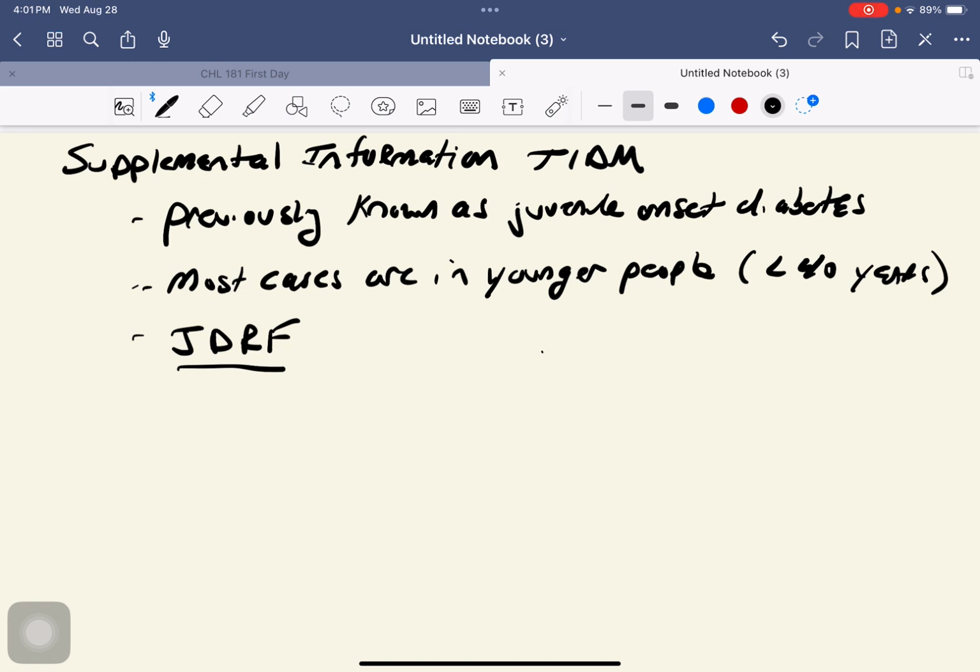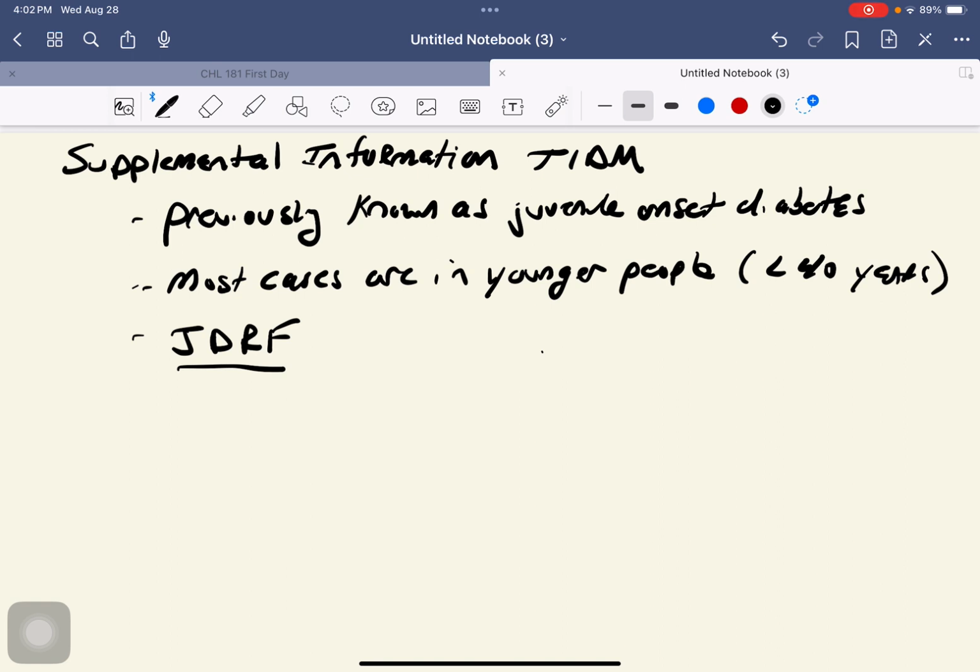complications associated with age. We're starting to see more and more individuals with juvenile onset diagnosed after the age of 40. And with type 2 diabetes, most of those cases are after the age of 40, but there were so many cases that we called that adult onset. We'll get to that in the next section. Type 2 diabetes is referred to as adult onset. Adult onset didn't make sense because so many young people were getting diagnosed with it.